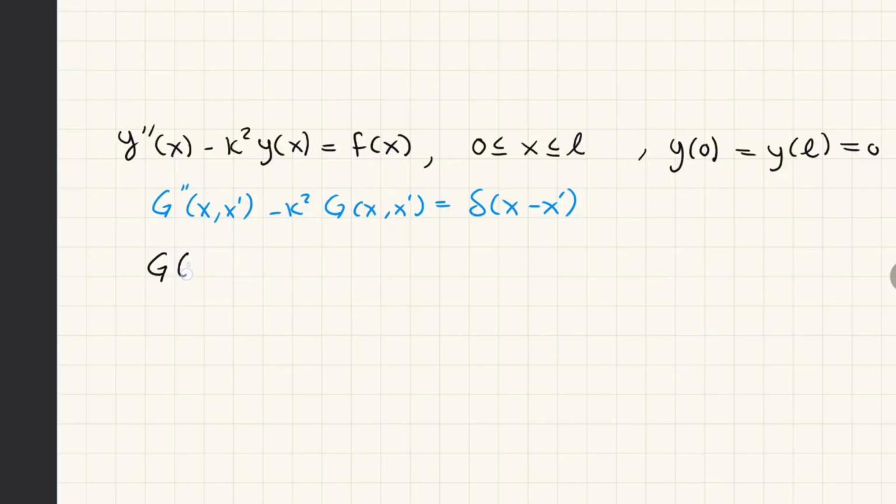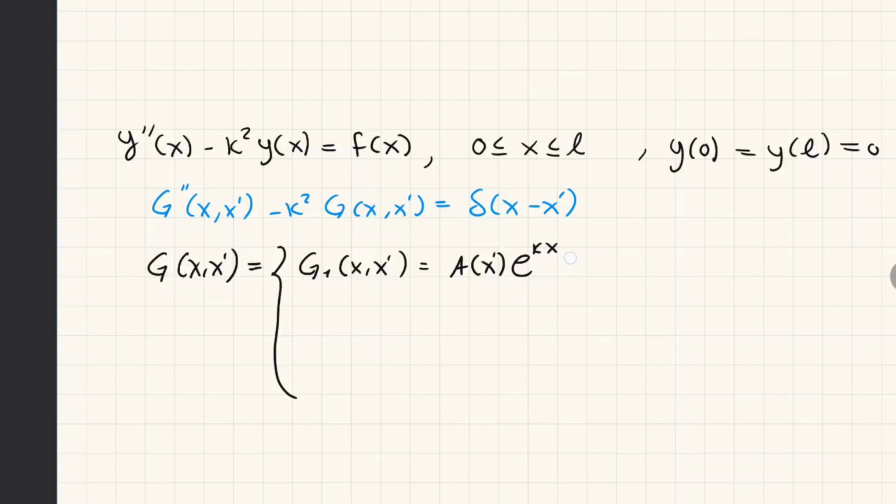We will have that the Green function of x comma x prime is equal to g1 of x comma x prime, equal to, let's say, a function of x prime that multiplies e to the kx plus b of x prime e to the negative kx.